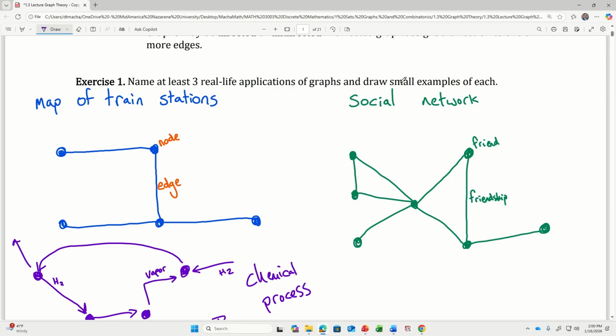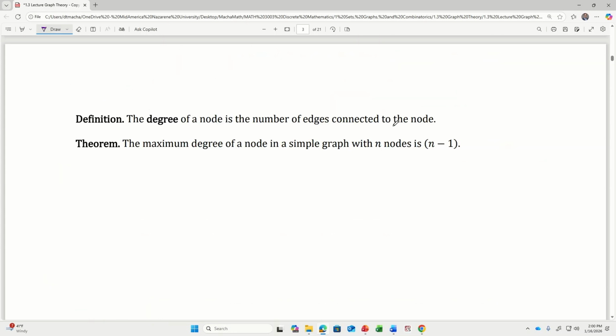Yeah, so like I said, the degree of the node is the number of edges connected to the node. So the degree of this node would be 5. And the degree of this node would be 3. 1, 2, 3 edges connected. The number of edges connected to our particular node is its degree.